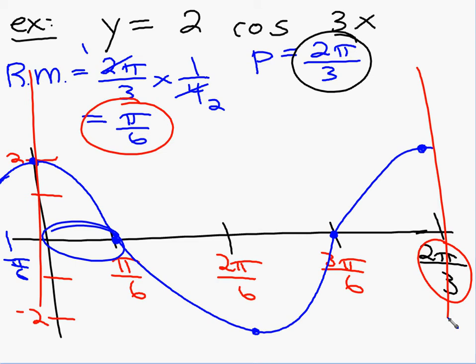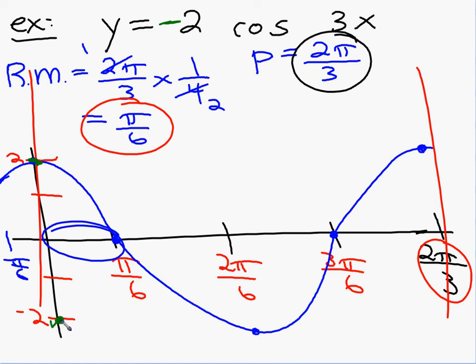All right? Now, let me show you a little quick thing that I don't want to go through a whole other example for. What if the amplitude is negative? I know this is going to make this graph ugly, but that's okay. What if this would have been a -2? The only thing that would change is instead of starting up here at +2, I would start at -2. And then I'd follow my same process.